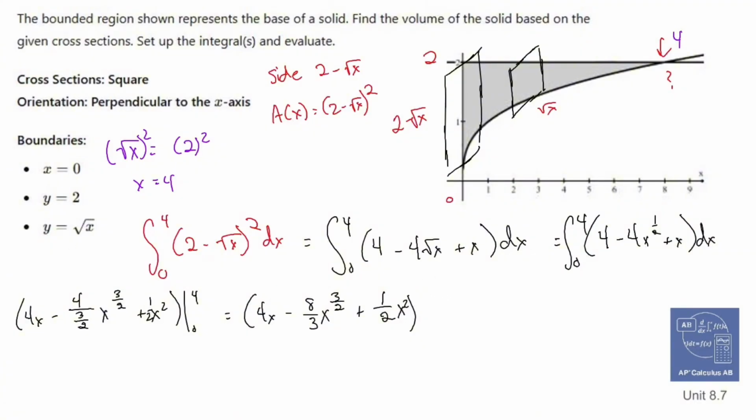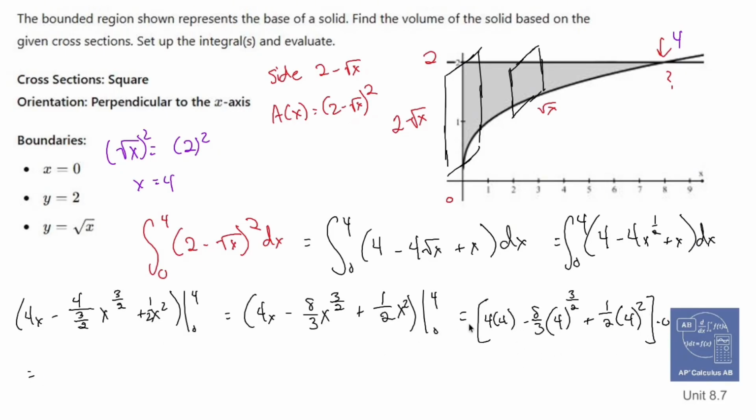Now the nice thing about this is, if there's a positive anywhere, here's a light at the end of the tunnel. When I plug stuff in, I'm going to have 4 times 4, no big deal. Minus 8/3 times 4 to the 3/2, that's very unpleasant, plus 1/2 times 4 squared. If I do the minus and plug in 0, it's all going to become 0, so we'll just say minus 0 and save some time.